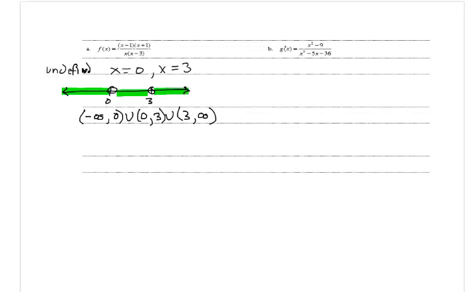In B, we have g of x is equal to x squared minus 9 divided by x squared minus 5x minus 36. And we're going to set the denominator equal to 0, which we did above, and we found that we're undefined at x is equal to 9 and x is equal to negative 4.